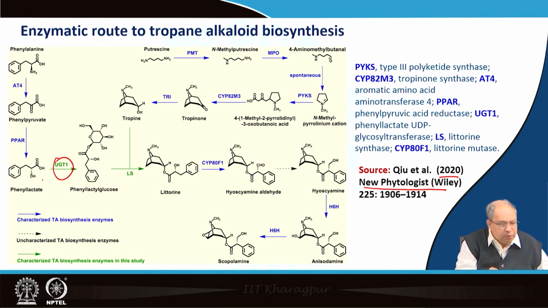One is UGT1, a glucosyltransferase, which adds glucose to phenyllactate and makes phenyllactyl glucose, and the second one is littorine synthase, which catalyzes the reaction joining phenyllactyl glucose with tropine and makes littorine. This publication describes these two steps, and along with that, more or less the enzymatic route to tropane alkaloid biosynthesis is now available.